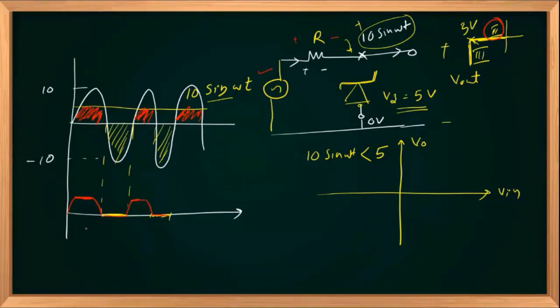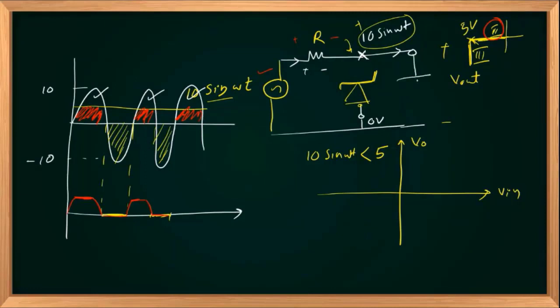We should know what happens if V in goes beyond 5 volts. If V in goes beyond 5 volts, this voltage will become more than 5 volts. That breaks down your diode in the reverse mode, with cathode positive and anode negative, at 5 volts.